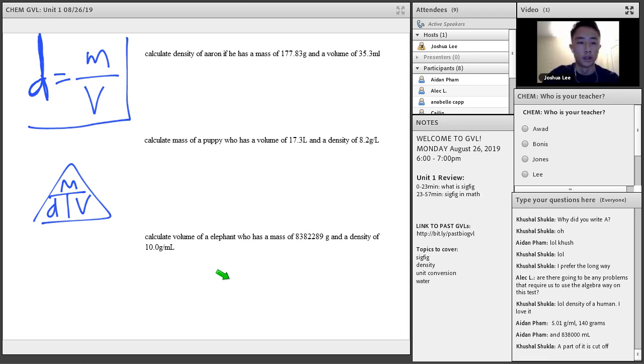Oh, part of it's cut off. Is it the elephant one? I don't know. Aiden somehow got an answer, so I'm assuming other people could see it.